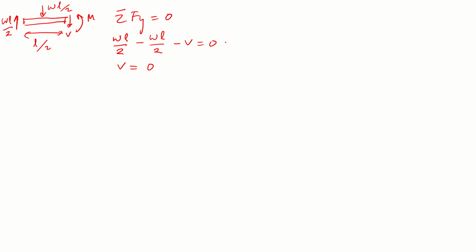Then, using sigma moment equal to 0 at A, what I will get from this is wL per 2 multiplied by L per 4, clockwise positive, minus M equal to 0.